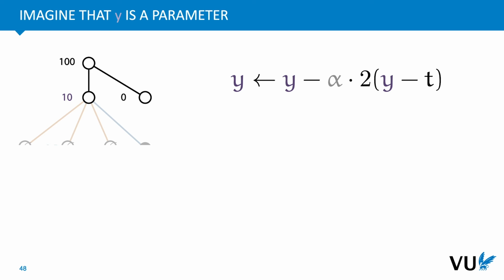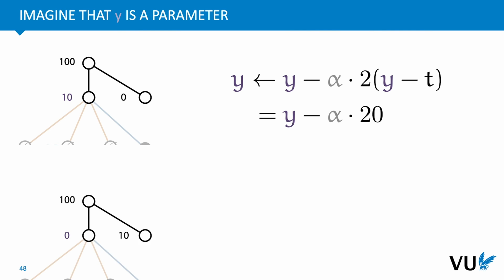So in this case, the derivative of the loss over y becomes 20. So we multiply that by the learning rate alpha, and we subtract that from our current value of y, which corresponds to our intuition here, because y, as you can see, is too high. It's 10 and it should have been 0. y is too high, so we need to decrease it. We see here that we do indeed subtract a small value from y to lower it.